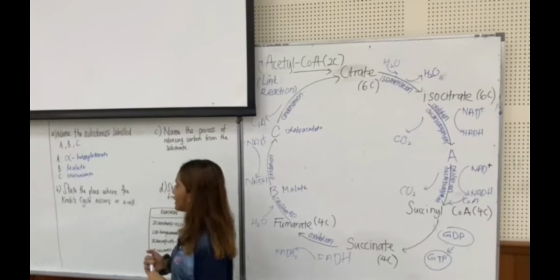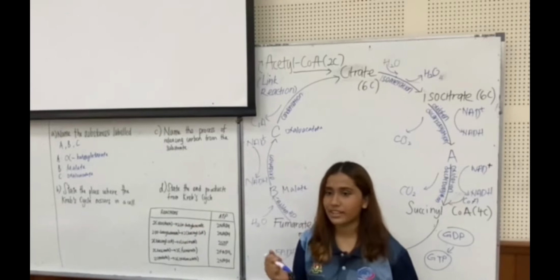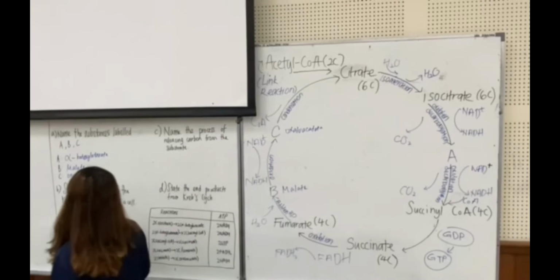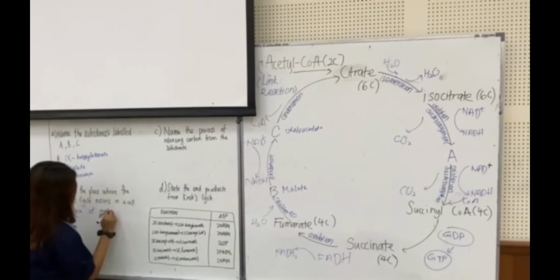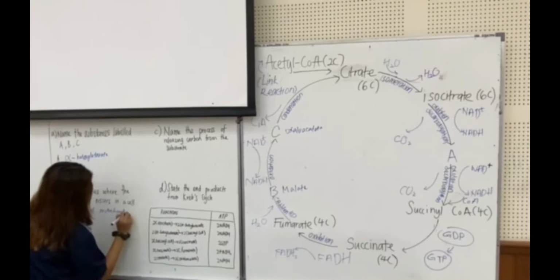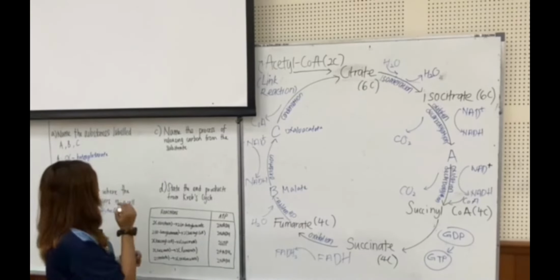Now the second question is state the place where the Krebs cycle occurs in a cell, that is the matrix of mitochondria. So what exactly is the matrix of mitochondria?